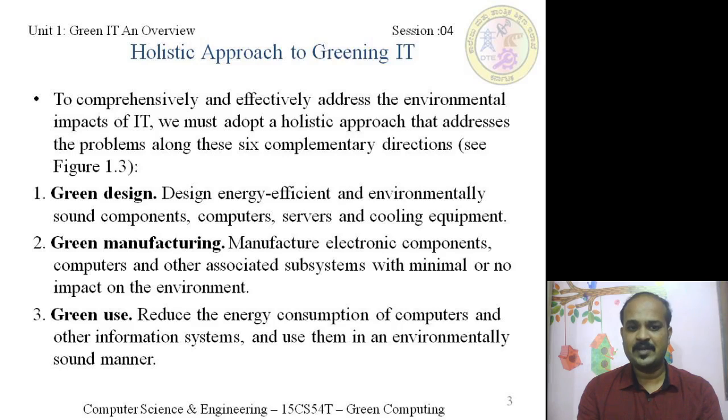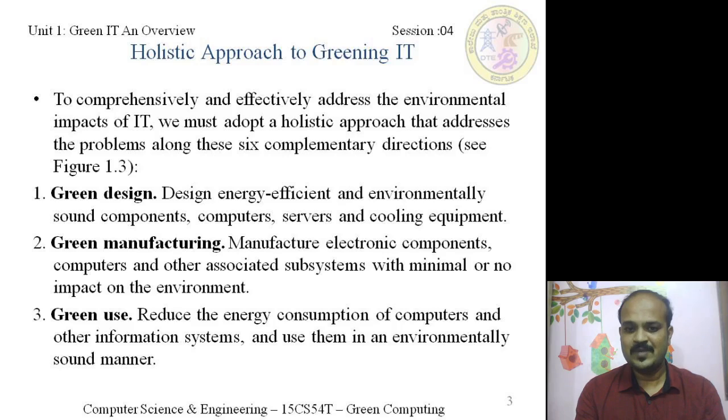In green manufacturing, they manufacture electronic components, computers, and other associated subsystems with minimal or no impact on the environment. They are manufacturing these IT products in such a way that the manufacturing should not have any impact on the environment.